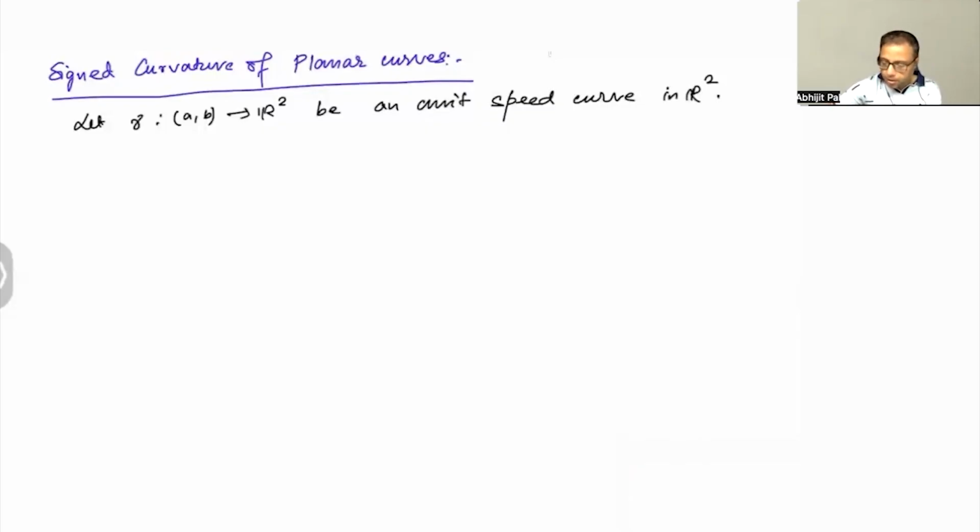So suppose this is my curve gamma, and this is my point gamma s.